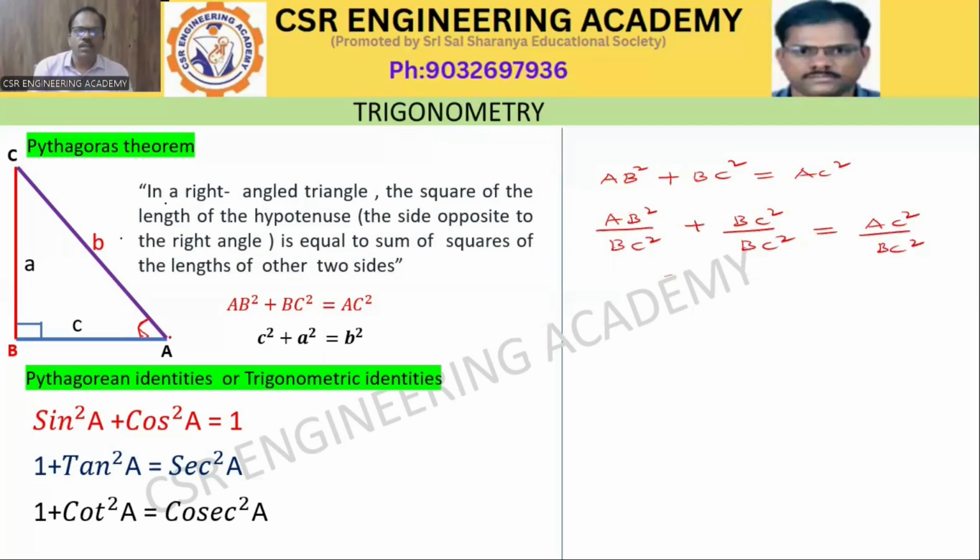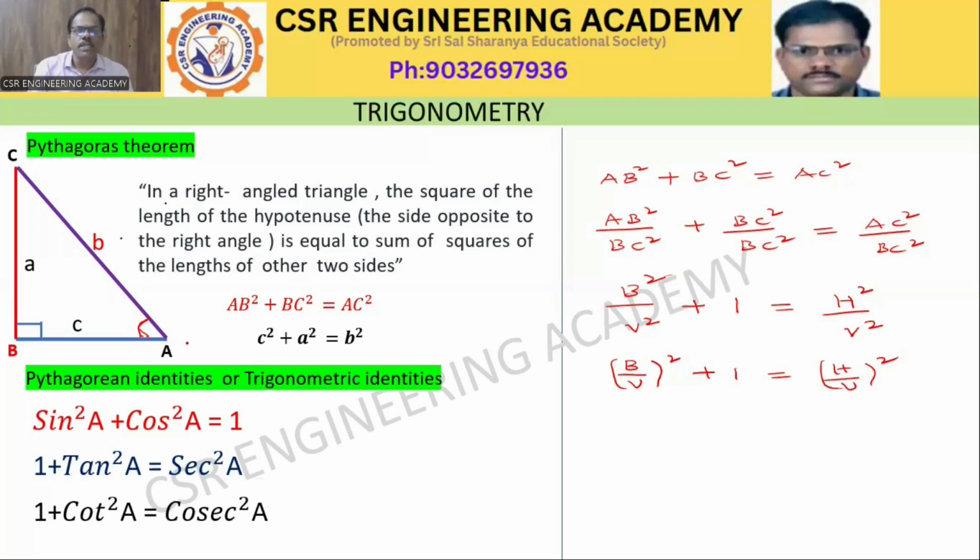Here AB is base, so b square by BC, the vertical side, that is V square, plus BC square by BC square is 1, is equal to AC, the hypotenuse, that is H square, by BC, the vertical side, V square. B by V whole square plus 1 is equal to H by V whole square.